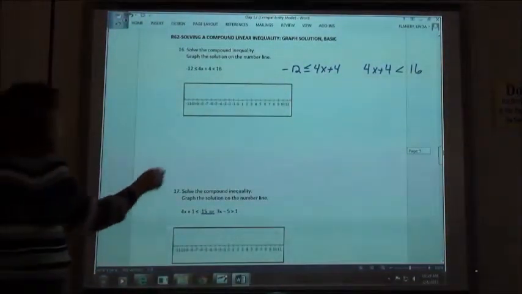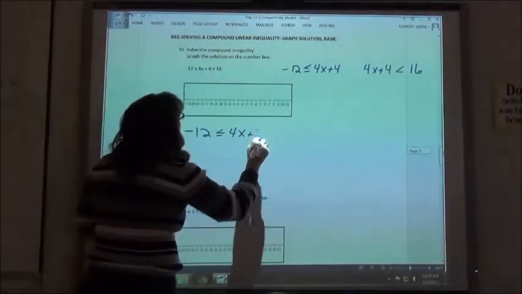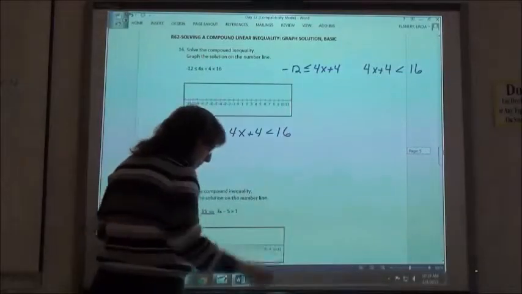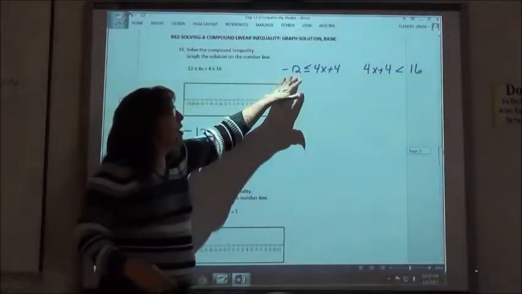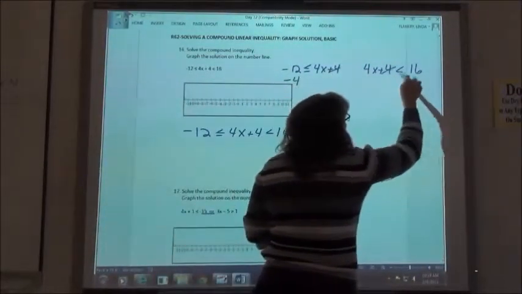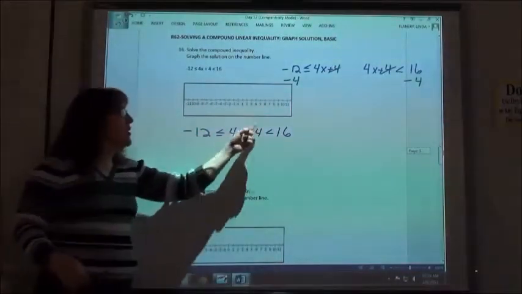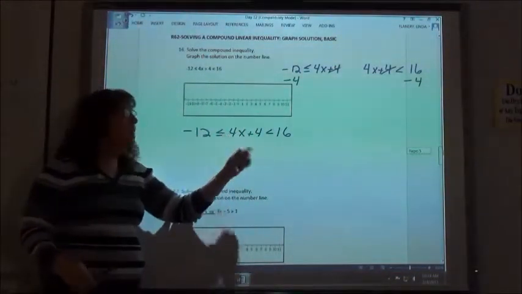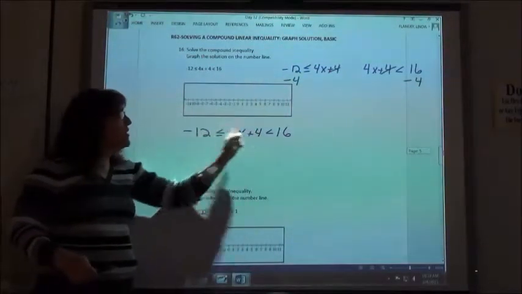However, I'm going to rewrite it down here. You end up doing the same steps. If I'm going to solve this problem, the first thing I'm going to do is minus the 4, and same thing over here. Instead of having to do two separate problems, I'm just going to do both sides of it.